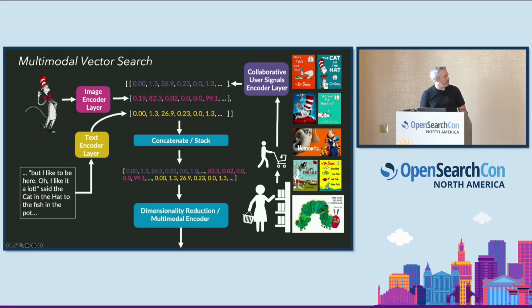For example, I could take text embeddings to generate a vector, image embeddings to generate a vector, and these collaborative filtering-based user behavioral embeddings to generate a vector. And then there are various techniques, whether it's concatenation, dimensionality reduction, or stacking, that you can use to combine those vector spaces, and then do some really cool stuff.